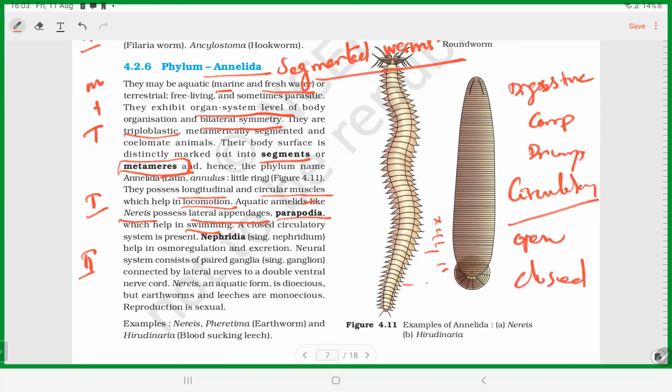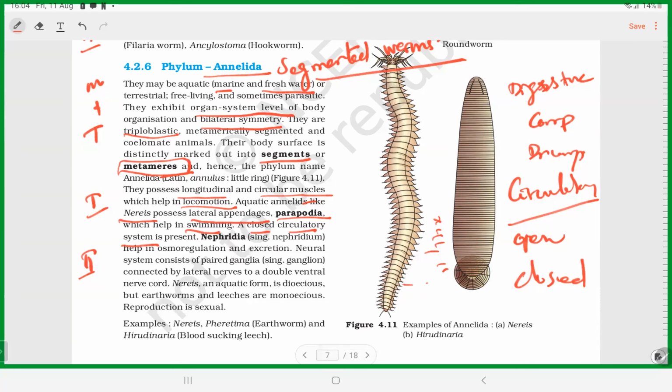The two variations in circulatory system are open and closed circulatory system. Here they have closed circulatory system. So they are talking about movement, one system of locomotion, and second one they are talking about what?